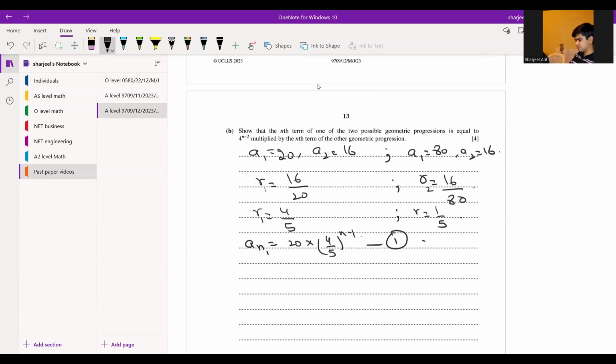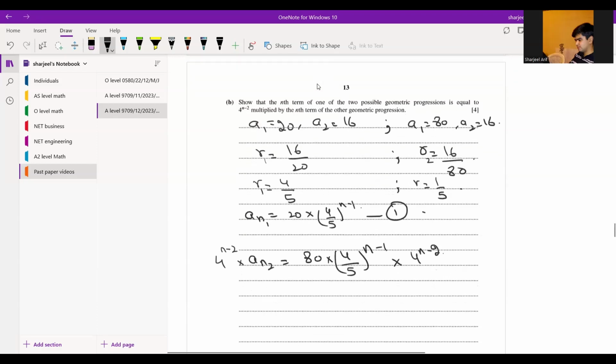Then we will check whether a_n2, if we multiply it by 4^(n-2), is equal to a_n1 or not. That's the question.